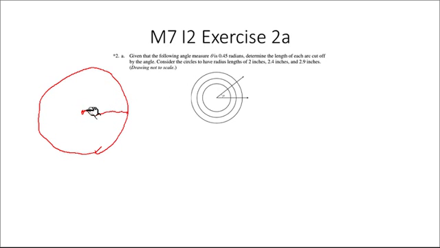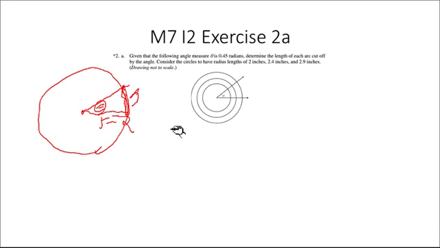All right, so maybe this is our theta, and we are asked to determine the length of this arc, which again we're going to call S, given that the length of the radius is 2. So if our radius is 2, that means that the length of 1 radian would be 2 units in length.